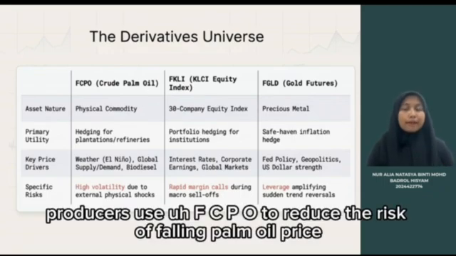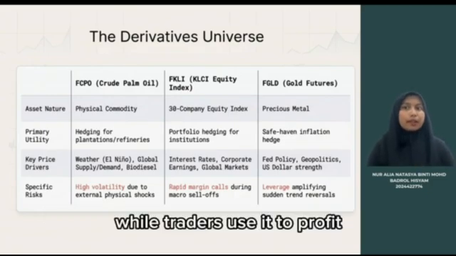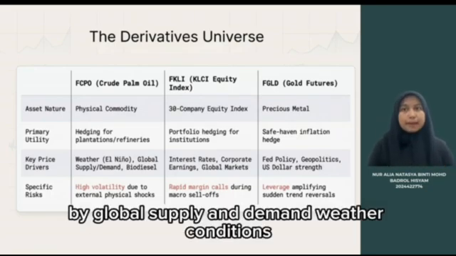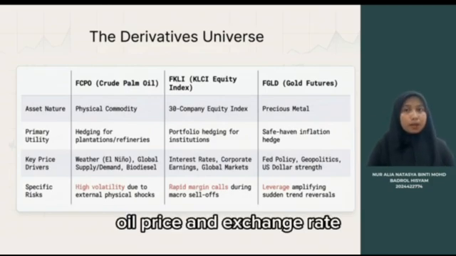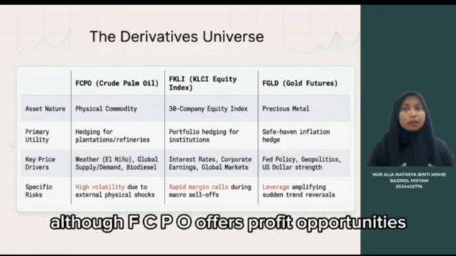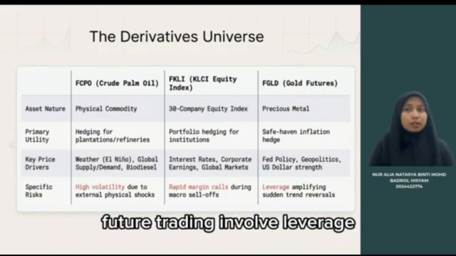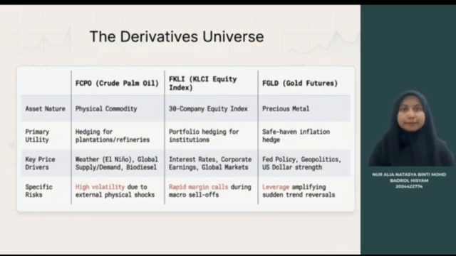Producers use FCPO to reduce the risk of falling palm oil price, while traders use it to profit from price movement. The price of FCPO is affected by global supply and demand, weather conditions, crude oil price, and exchange rate. Although FCPO offers profit opportunities, it also carries high risk because futures trading involves leverage.